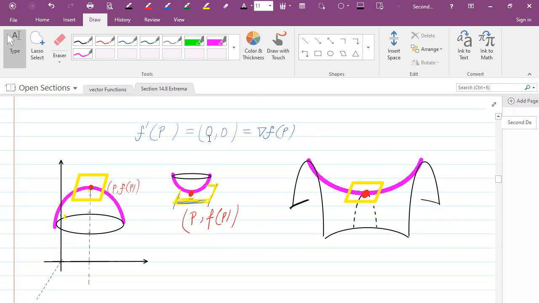That is, the partials vanish at P. Now, at a critical point where the gradient is vanishing, the tangent plane there would be horizontal. So if I'm assuming that the gradient of f at P is 0, 0, then at the point P, f of P, the tangent plane would be parallel to the xy plane.